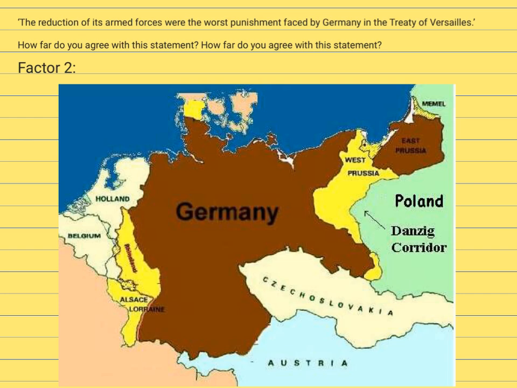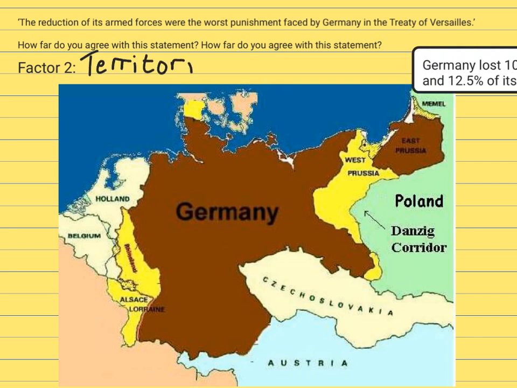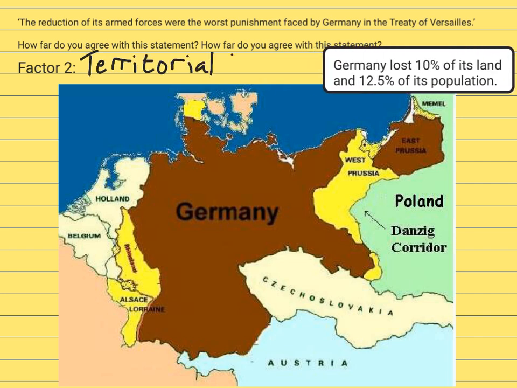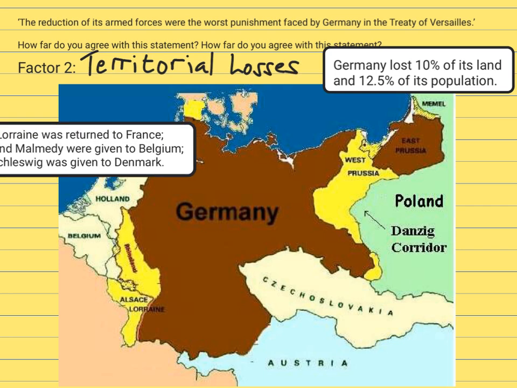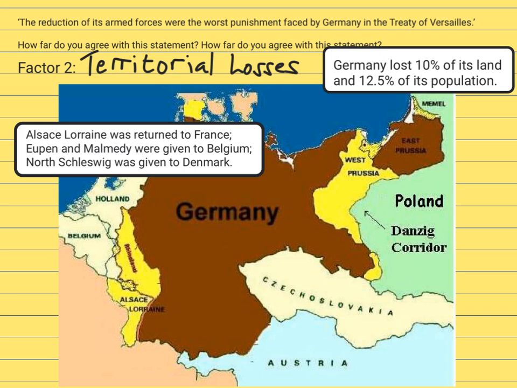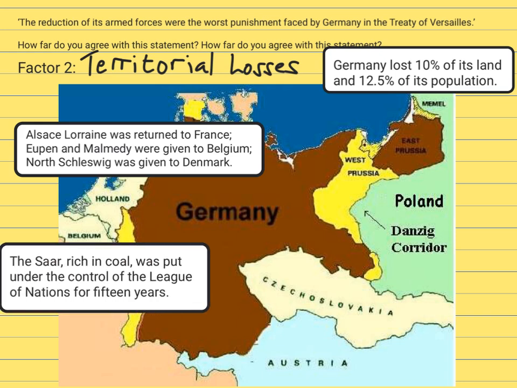Our second factor might be the territorial losses that were forced upon Germany. This loss of land was particularly severe, and there are a number of examples that we can use. For example, we might mention the return of Alsace and Lorraine to France. Secondly, we may mention the loss of the coal-rich region of the Saar being put under the control of the League of Nations.